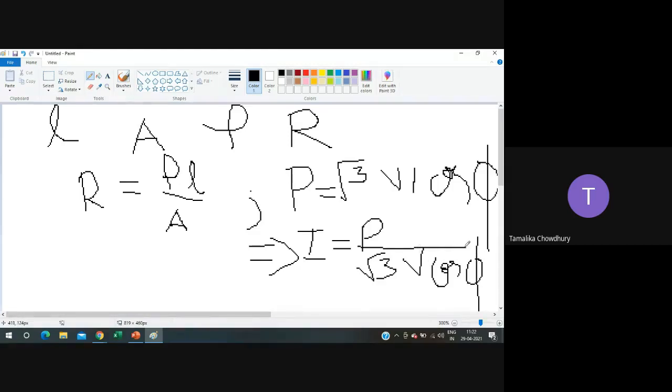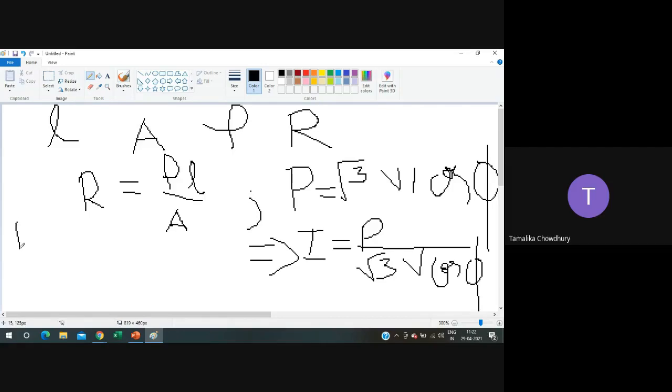Up to this much, right? Correct. Now if I want to calculate the value of volume, then we need to know A. What is A equal to? So what will I do?